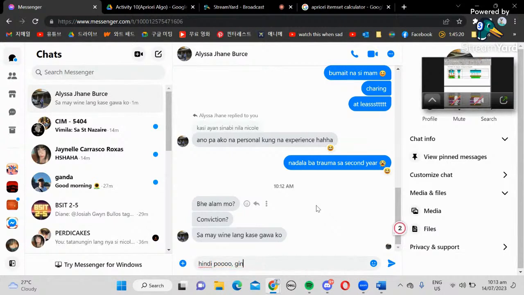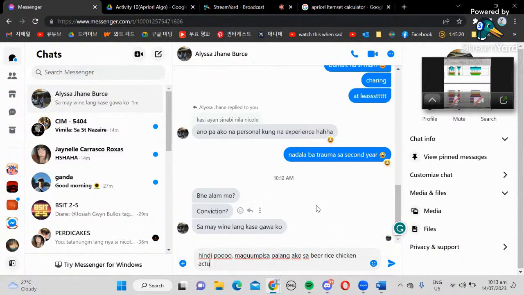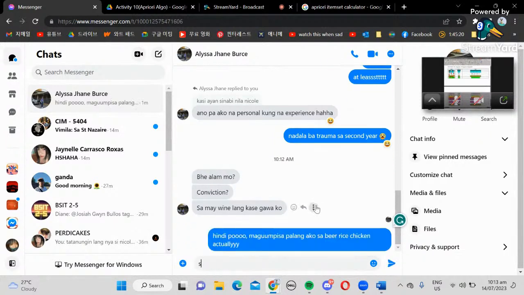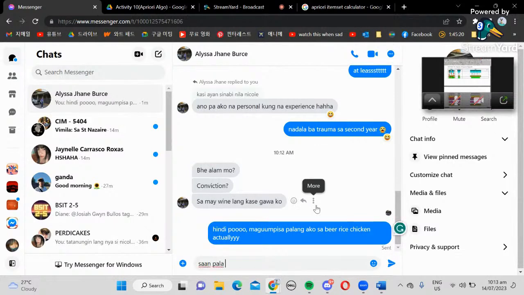Sabi ko, Ben, yung table, since nasa Word ka ata, dagdagan mo na lang ng isang column para malagyan natin ng conviction. Conviction, sige po. Dagdagan mo na lang ng isang column so we could write the conviction.